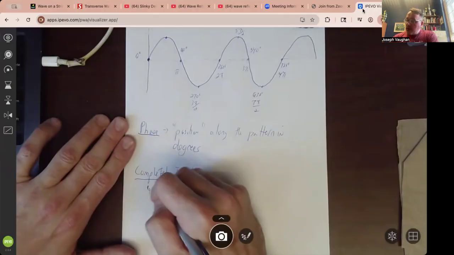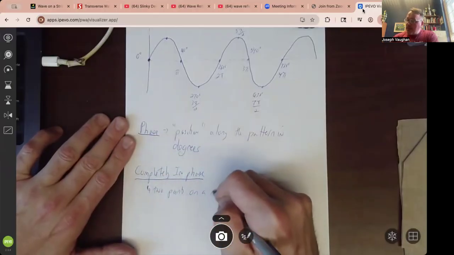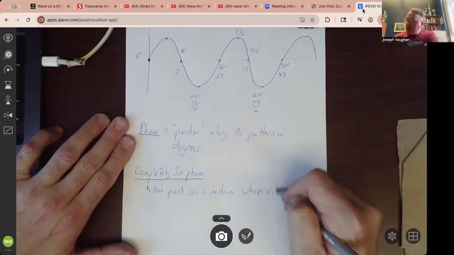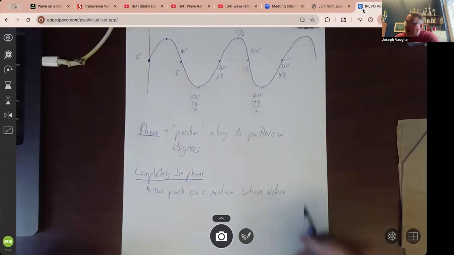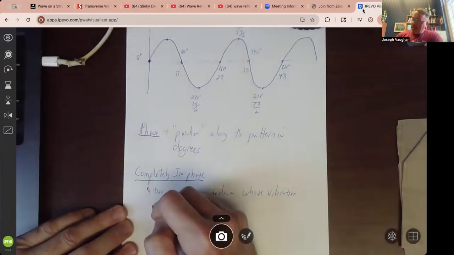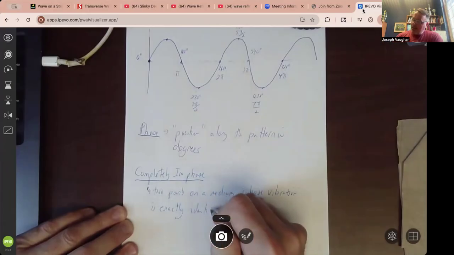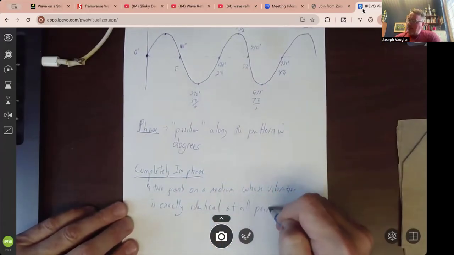And these are 2 points on a medium whose vibration, I'm going to close my window because there's noise outside, whose vibration is exactly identical at all points in time.